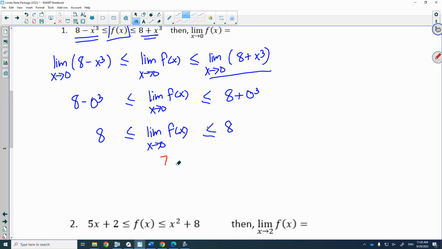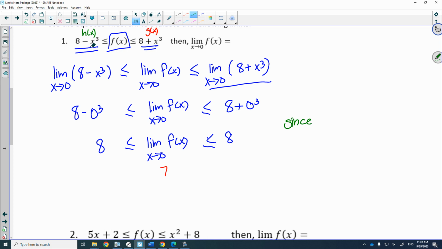So how we would write this, according to the squeeze theorem, is we'd say the following. Since the limit as x approaches 0 of h of x is equal to this limit as well, the limit as x approaches 0 of g of x, that was equal to 8, right?